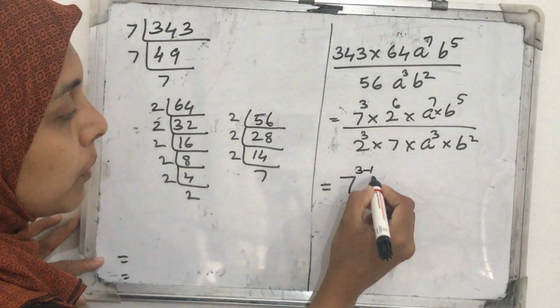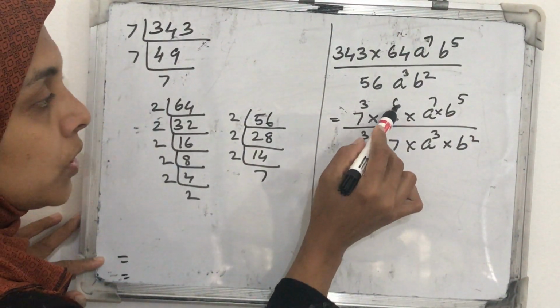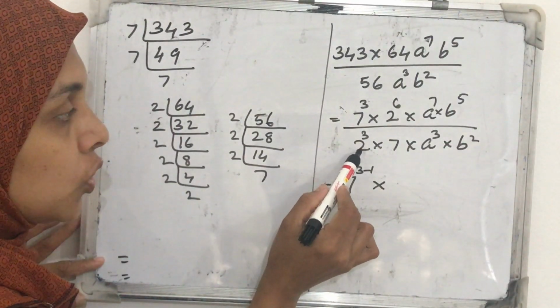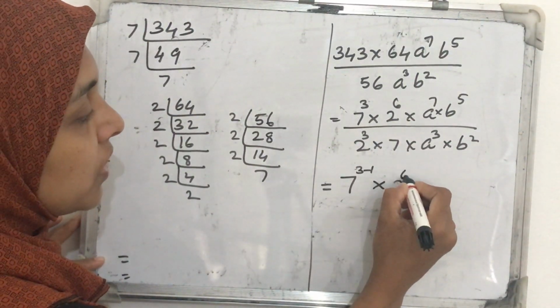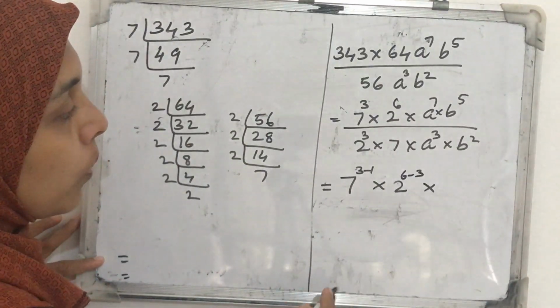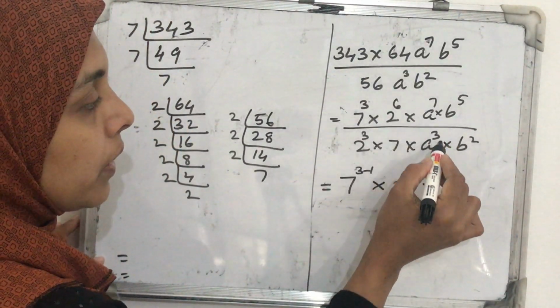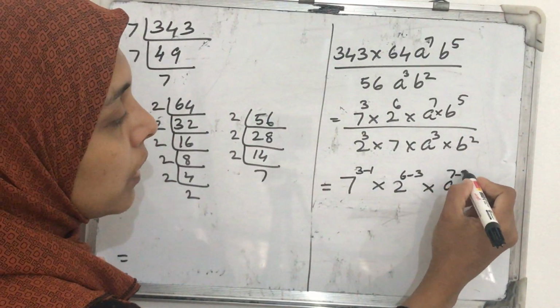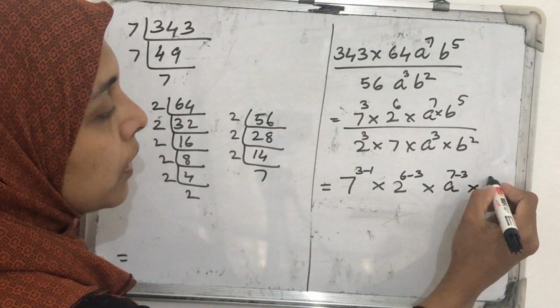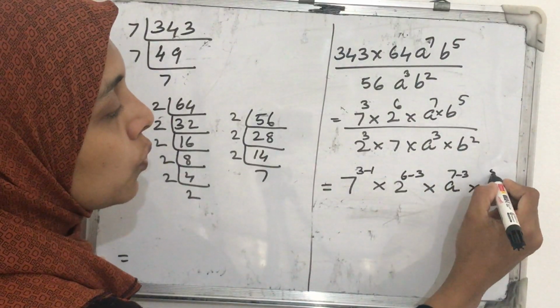So 7 raised to 3 minus 1, into 2 raised to 6. Here we have 2 raised to 3. So 2 raised to 6 minus 3, into, next with base a, a raised to 7 and here a raised to 3, a raised to 7 minus 3, into b raised to 5 minus 2.